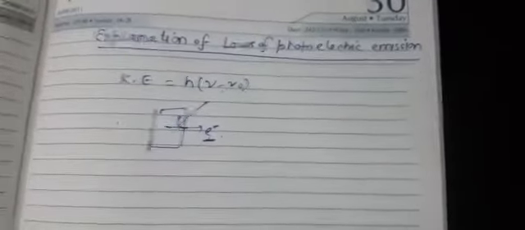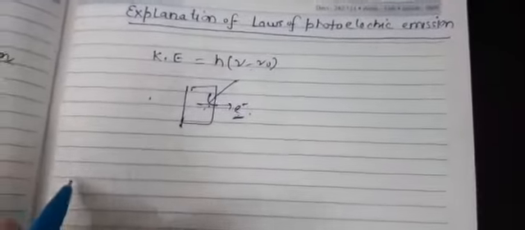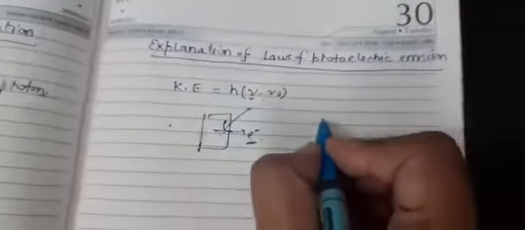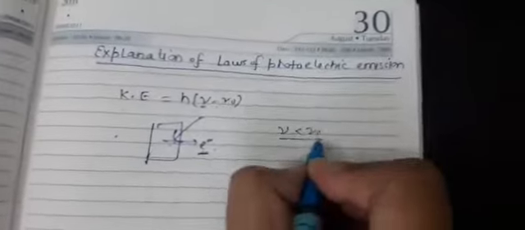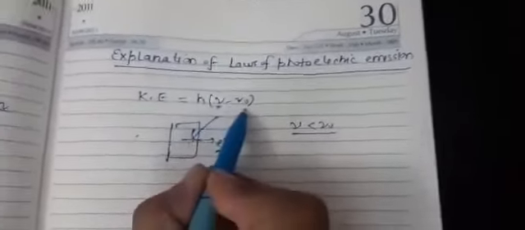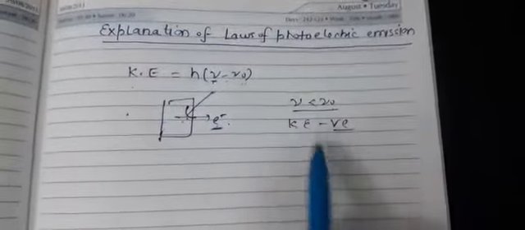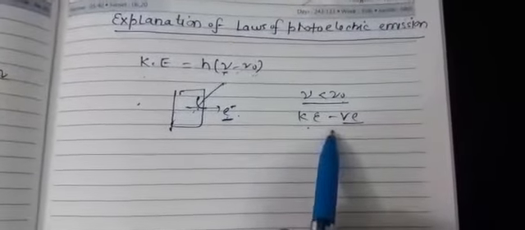We are explaining the same photoelectric effect but under this equation. Now, the second law: if the incident frequency is less than the threshold frequency. Look mathematically: if nu becomes less than nu naught, then the kinetic energy in that particular case will be negative. Can negative kinetic energy be possible? Never.